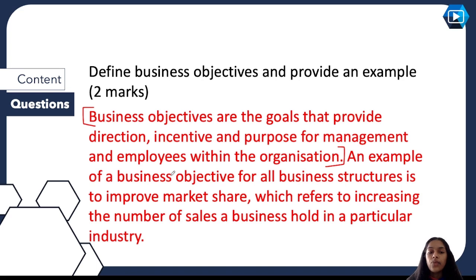So we know that with business objectives, there are so many different ones we looked at earlier on in this video. But essentially, the example they've used is applicable to all business structures: to improve market share. That's a good one, because regardless of the type of business you are, you would always have that aim of improving your sales, increasing your revenue, and like we established before, profit is essential to maintain the operations of your business.